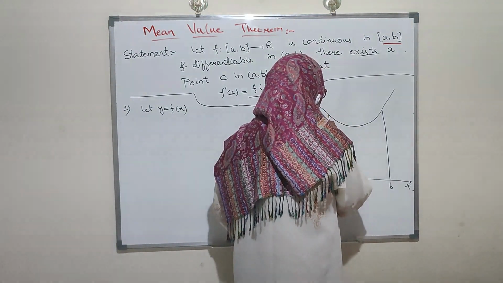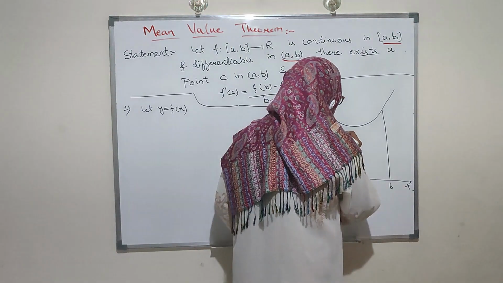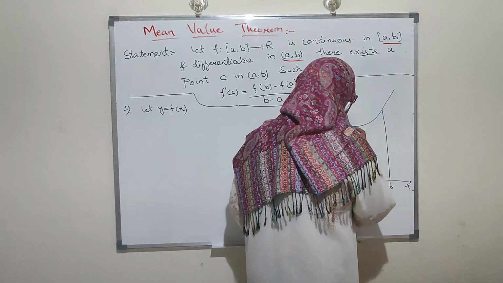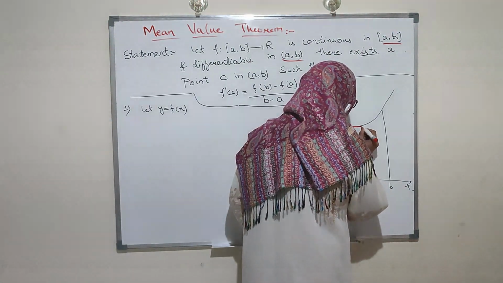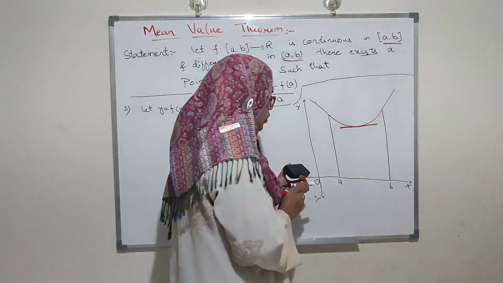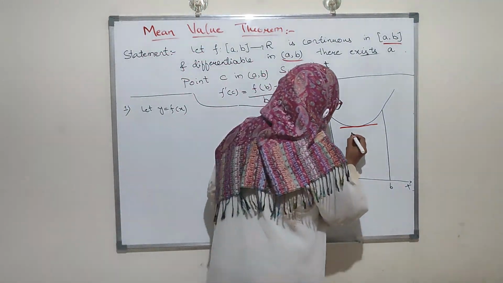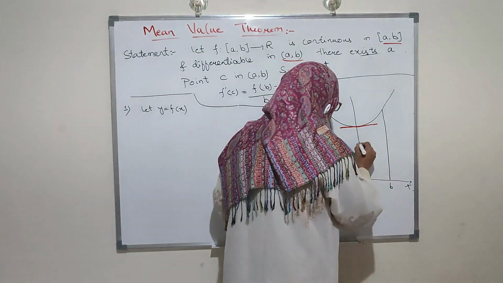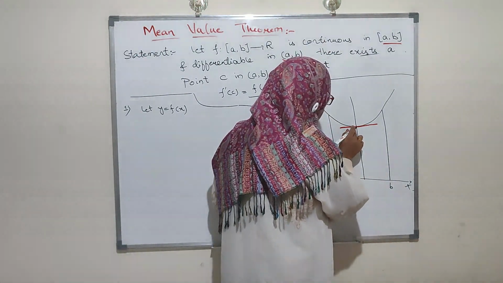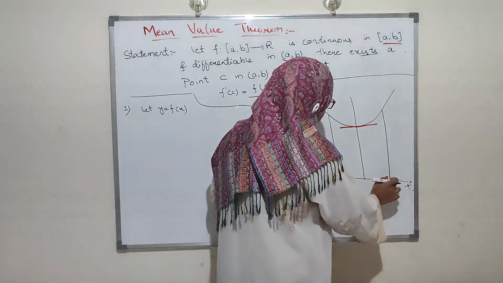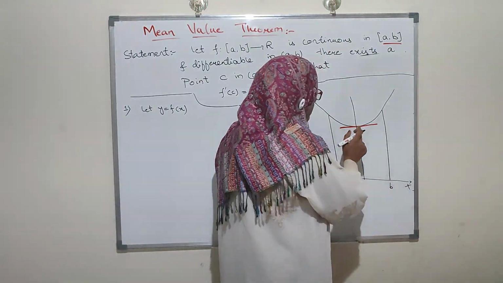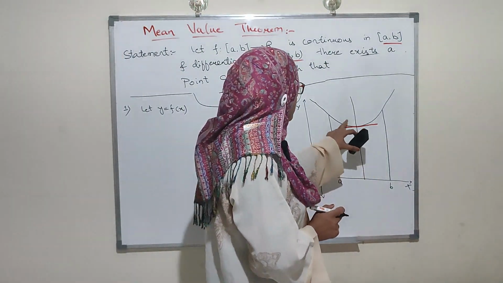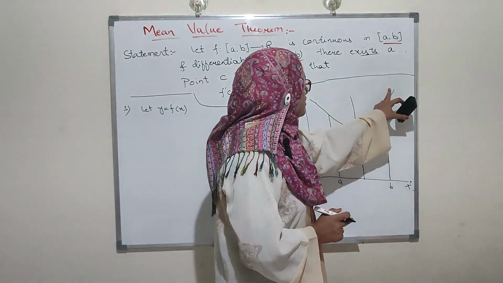Here we draw a tangent to this curve, like this. Then we draw another line perpendicular to the x-axis OX, and draw one tangent using this red pen, which touches the curve.